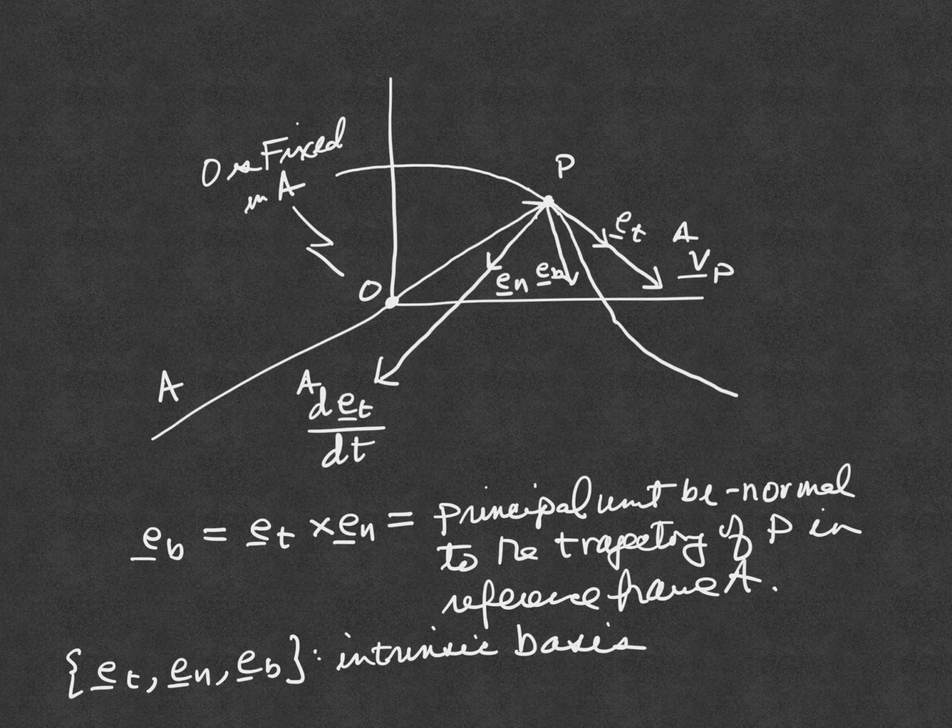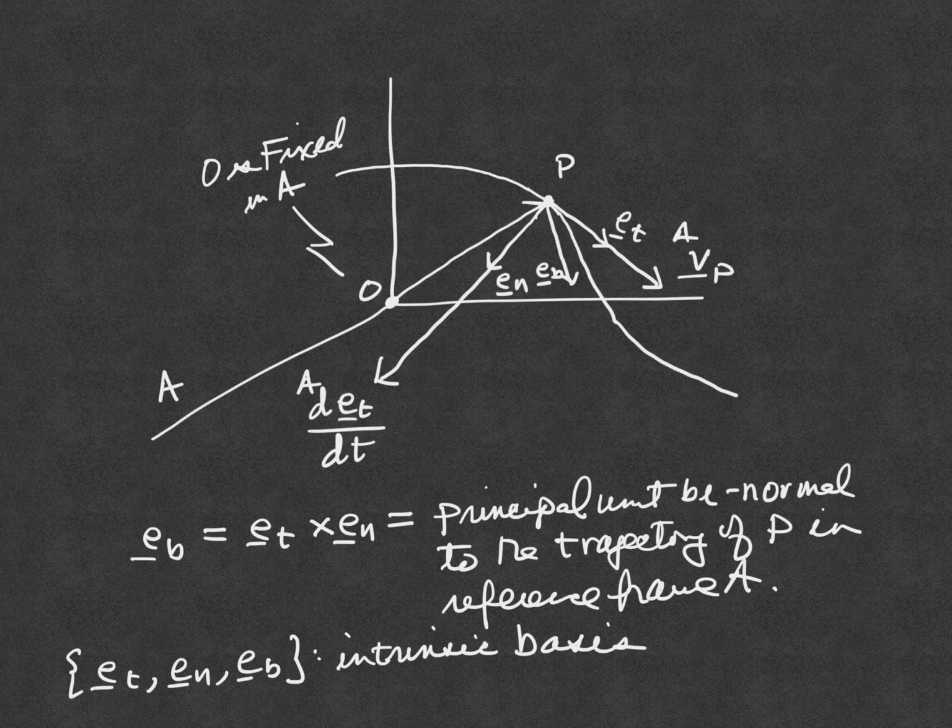That direction is along the velocity of the particle as viewed by an observer in reference frame A, because A is the frame in which I'm making my observations. And along that direction is what I call the tangent vector.